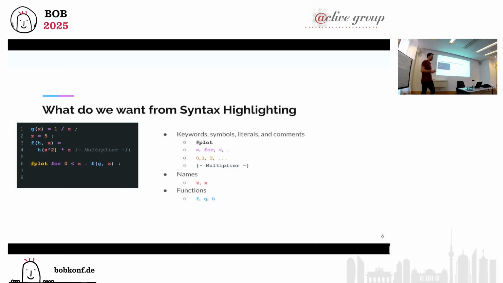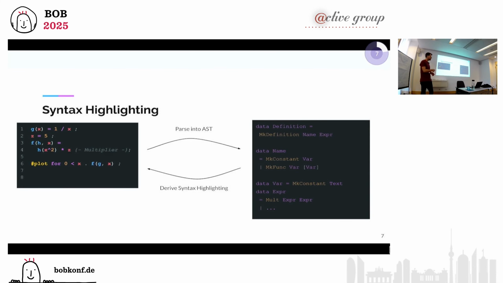Okay, so that means to provide this kind of syntax highlighting, we first need to take this program and parse it into our AST. This is an example AST. It's in Haskell. I hope it is easy enough to follow. There's nothing really complicated going on. We're defining a couple of types, the necessary types that we need to actually parse our program into. For example, this definition is supposed to be everything that's an assignment, like the first line, the functional assignment, and the constant assignment.